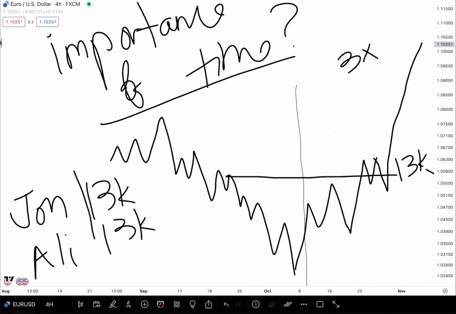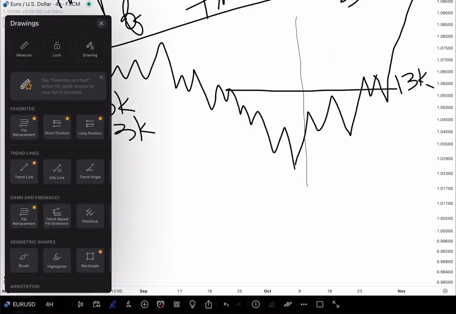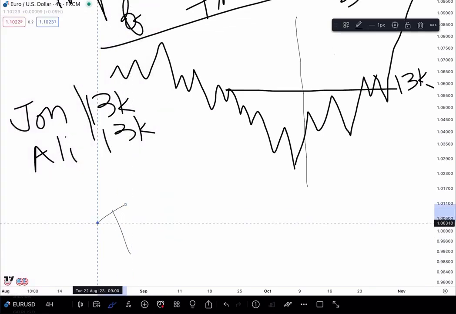Now, if that went over your head, then rewatch it and realize the importance of that. So they both bought at the same price level. The only difference was time, the time of purchase. Which is why we say time is more important than price.